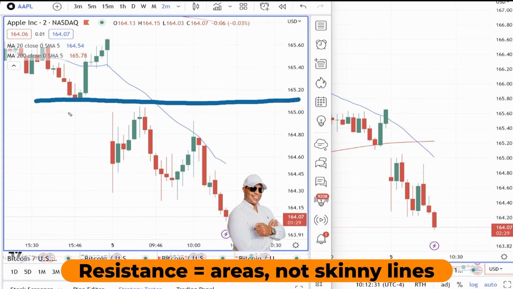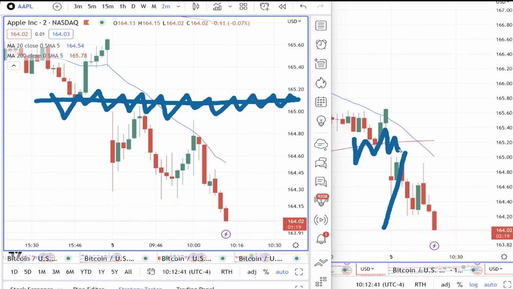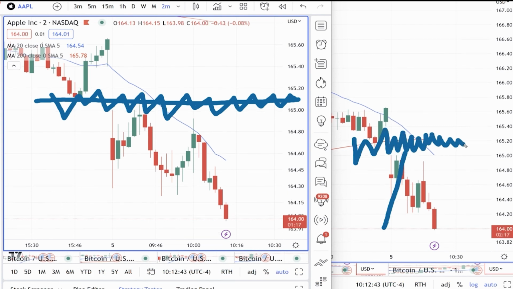No, it did. It's in the area. You can't say on the 5-minute that, oh, it didn't quite get up to its resistance. No, it's in the area. That's good enough. You can't demand from the market that type of specificity. It's close enough in the area.